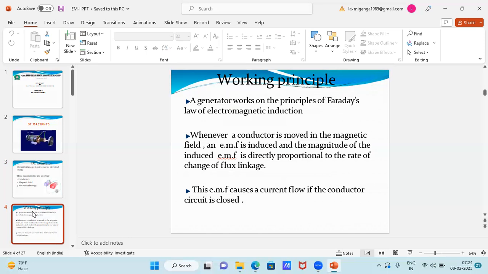This EMF causes a current to flow if the conductor circuit is closed. So the conductor cuts the magnetic field, EMF is induced in that conductor, and the current flows when the circuit is closed.